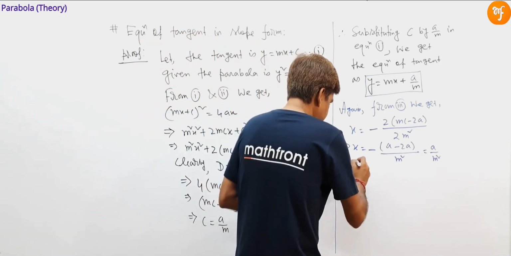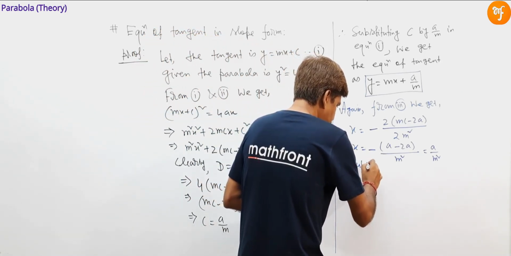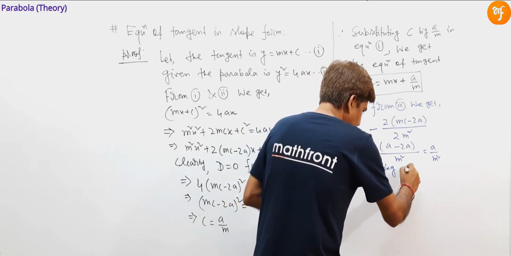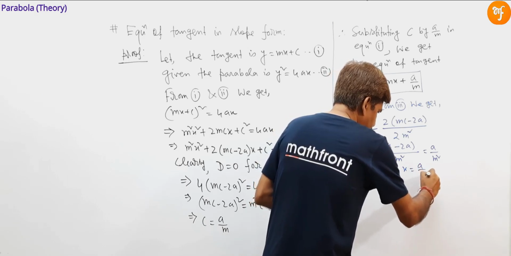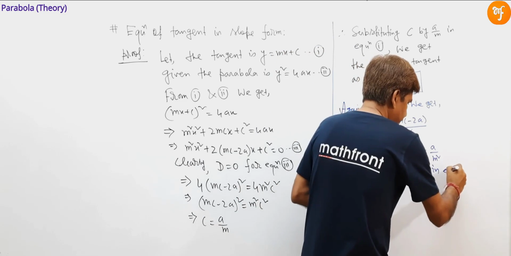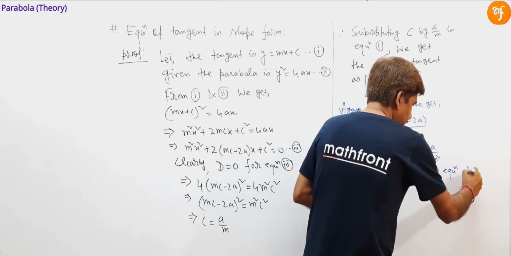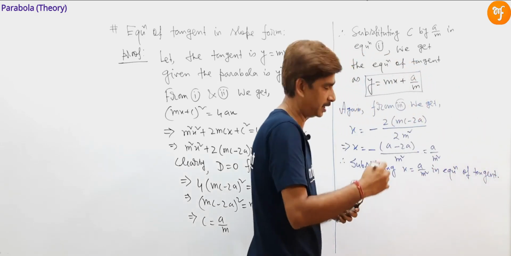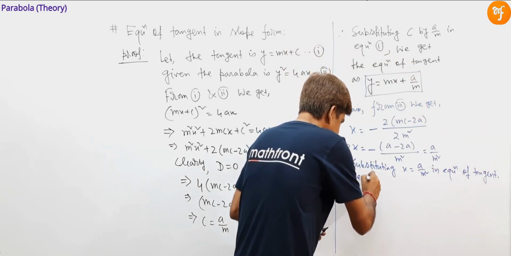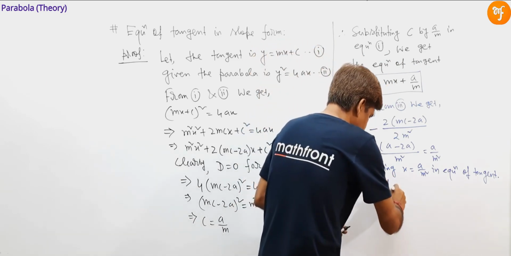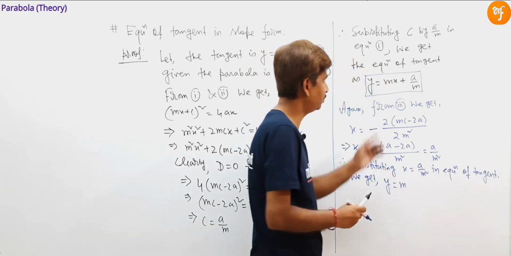So therefore, substituting x is equal to a by m square in the equation of tangent. Okay, what will we get? We get y is equal to m into x.